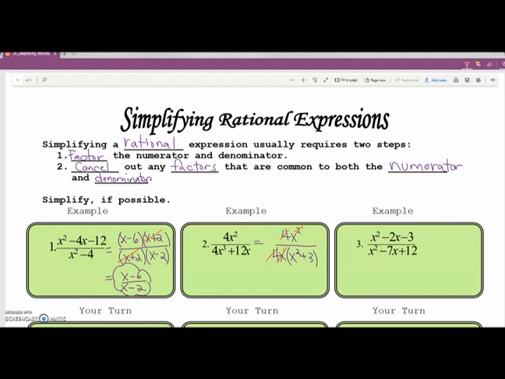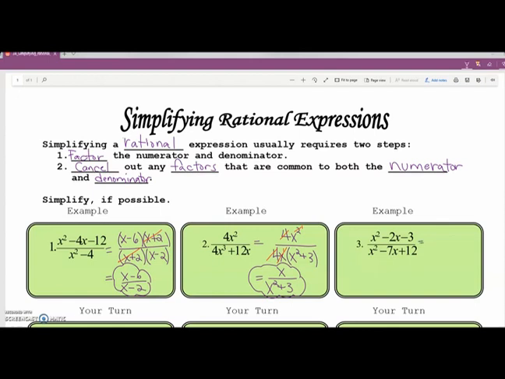So cancel that x, reduce that 2 to a 1, and you end up with x divided by x squared plus 3. Now remember, x squared plus 3 is a sum, not a product, so I can't cancel an x in the top and the bottom.